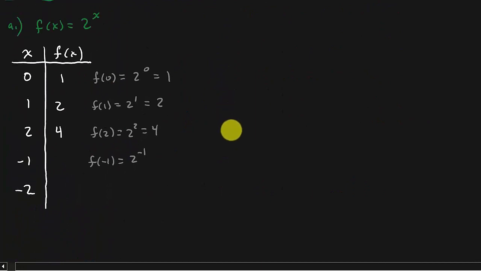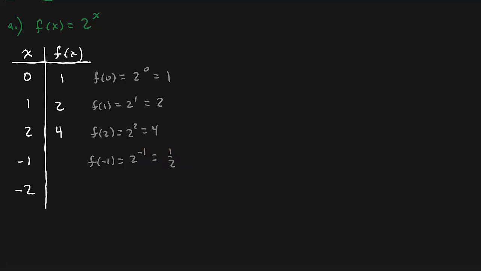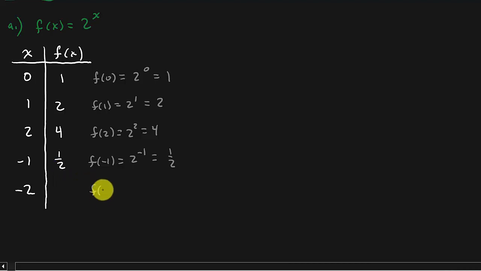And so this is going to be 1/2. And then I've got f of negative 2, which is 2 to the negative 2, which is 1 over 2 squared. See, that's over 1, move it down, and that equals 1/4.